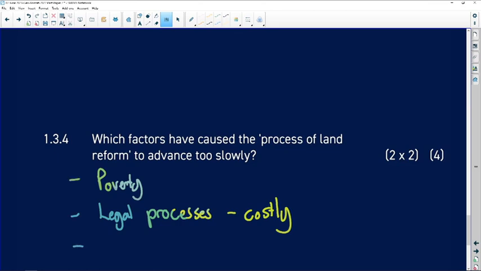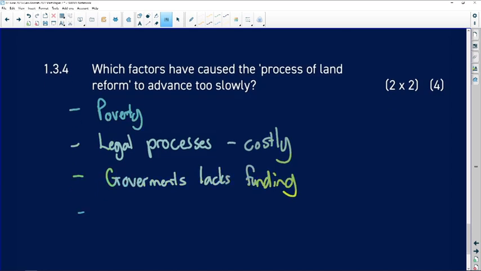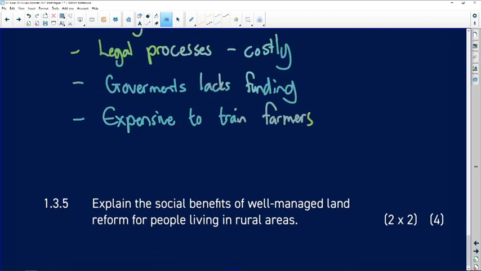And unfortunately, the government won't be able to provide funding, lacks funding. And it's expensive to train farmers. So any one of those you can use for that answer.